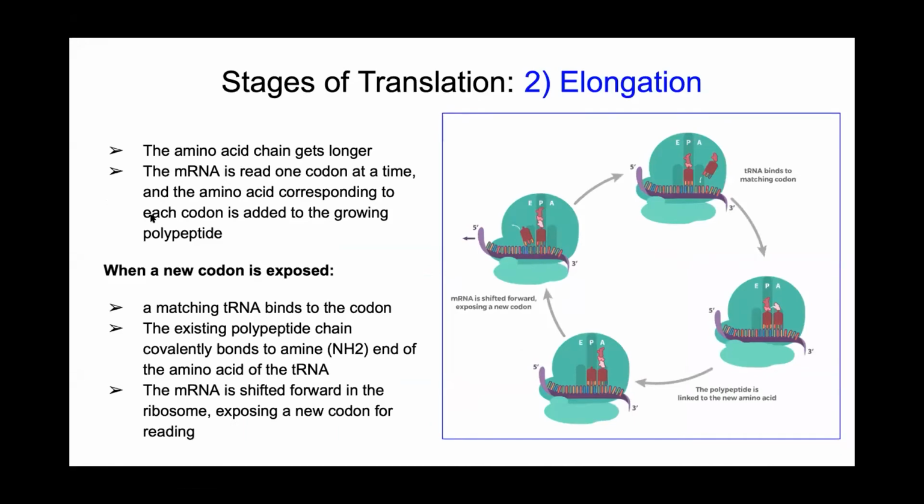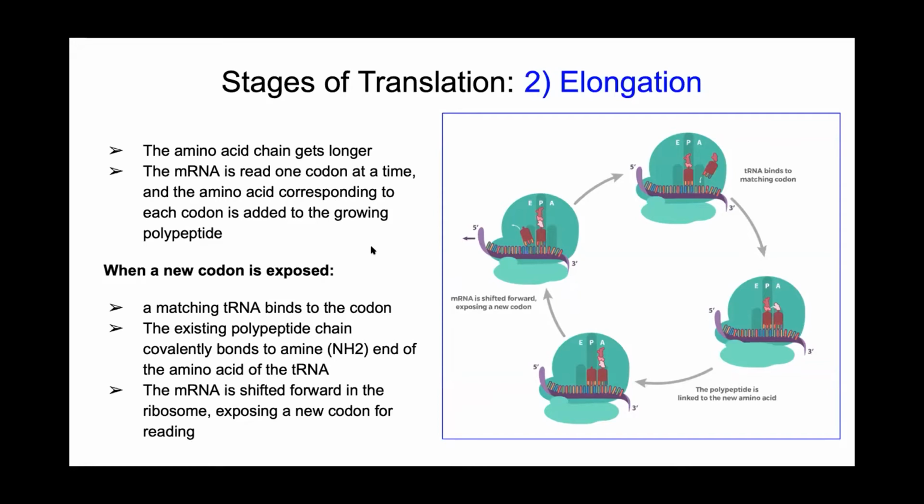And then there is elongation, which is the second step of translation. This is when the magic happens. This is when the amino acid chain gets longer, and it continues to get longer. The mRNA is read 1 codon at a time, and the amino acid corresponding to each codon is added to the polypeptide.